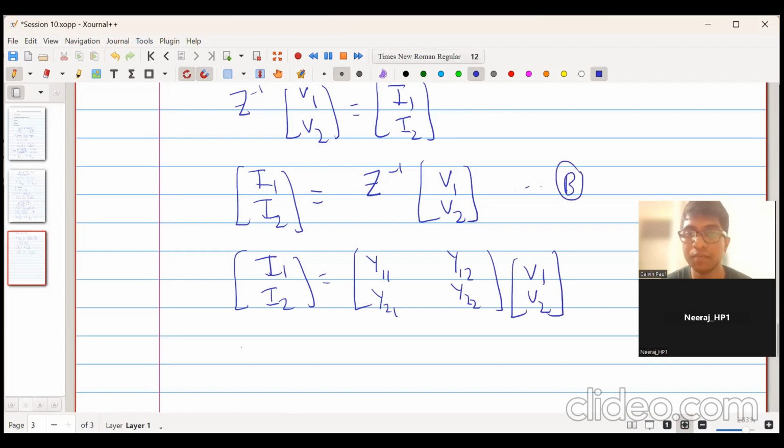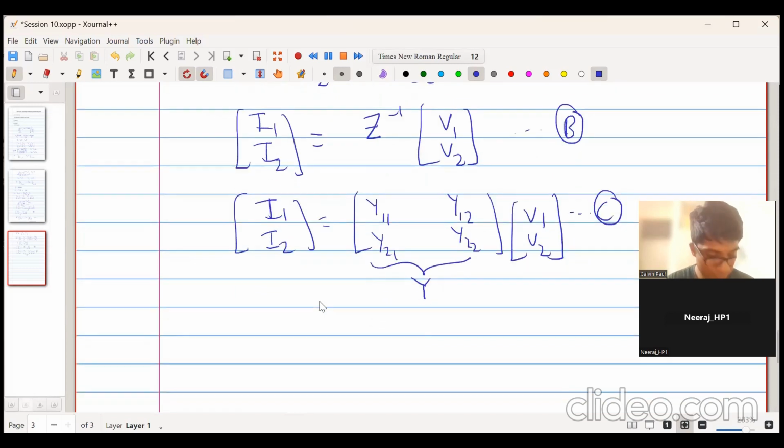So this is B, this is C. So this we can write as Y, the equivalent matrix Y. So if we compare B and C, what will we get? Neeraj, what will we get if we compare B and C?